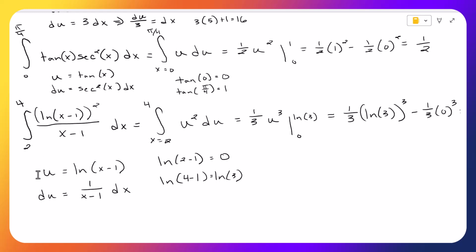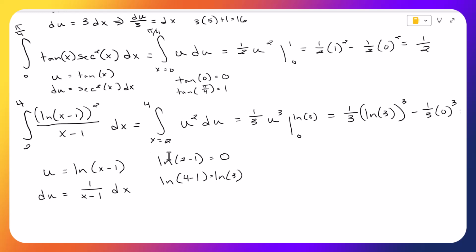So I u subbed, u equals natural log of x minus 1. Take the derivative of that, du equals 1 over x minus 1 dx. And I have a 1 over x minus 1, and I have a dx, so I can just use that to get du. And then we get u squared, because I have this squared here, times du.